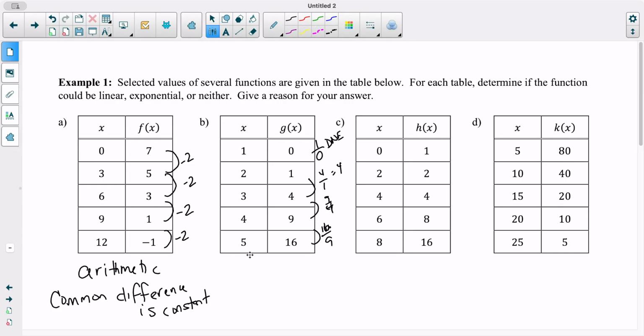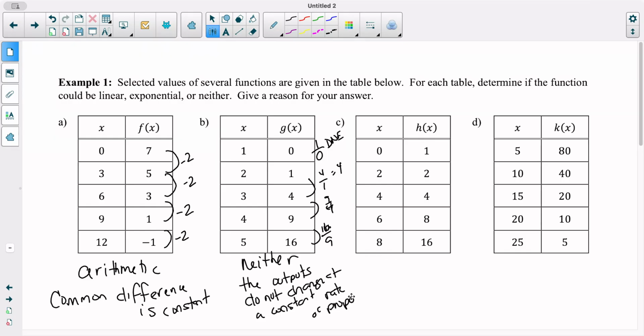But it doesn't matter in this case because all we care about is that the outputs do not change at a constant rate, or proportionally.